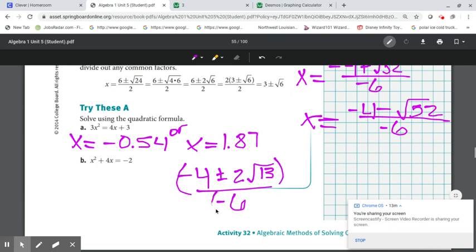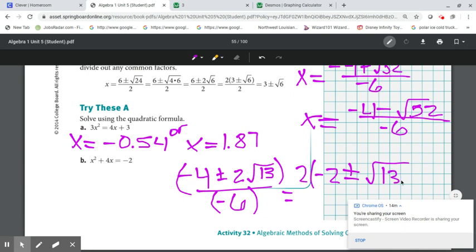All right, if you notice, 4, 2, and 6 all have 2 in common. So we're going to factor out a 2. So this is going to become 2 times, 4 divided by 2 is -2, plus or minus, 2 goes into 2 one time, so this is going to be the square root of 13.